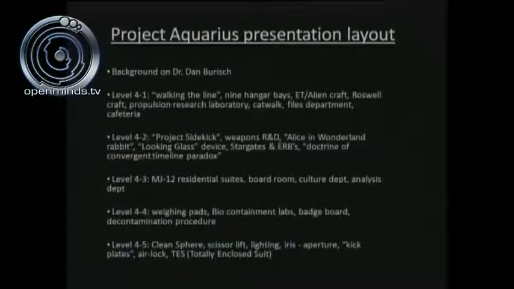Dropping down to level 4-3, we'll consider the MJ-12 residential suites, the boardroom, the culture department, and analysis department. 4-4 will look at the weighing pads, the biocontainment labs, badge board, and decontamination procedure. And finally, on level 4-5, which is the lower floor of the facility, we'll consider the clean sphere, the scissor lift, the lighting, the iris aperture, the kick plates, airlock, and the test, which is the totally encapsulated suit. So that's the layout of what we'll be talking about today.